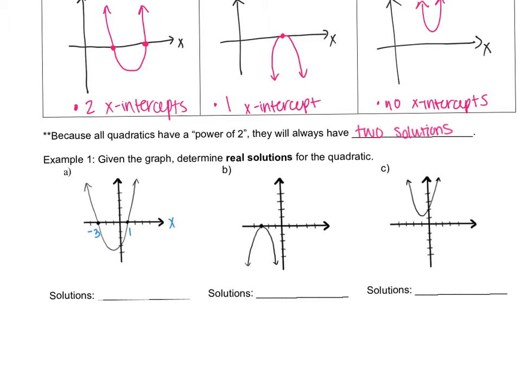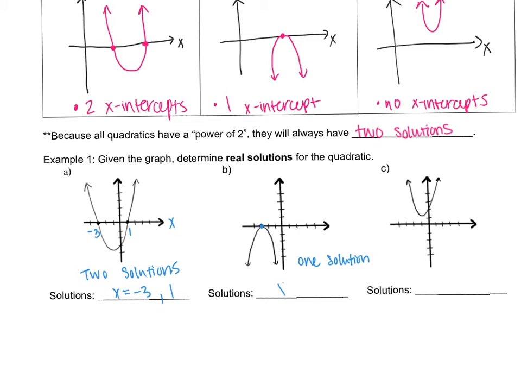So we have two solutions, and it looks like it crosses at x equals -3 and x equals +1. Whereas this one only hits it at one spot right there. So this is one real solution.